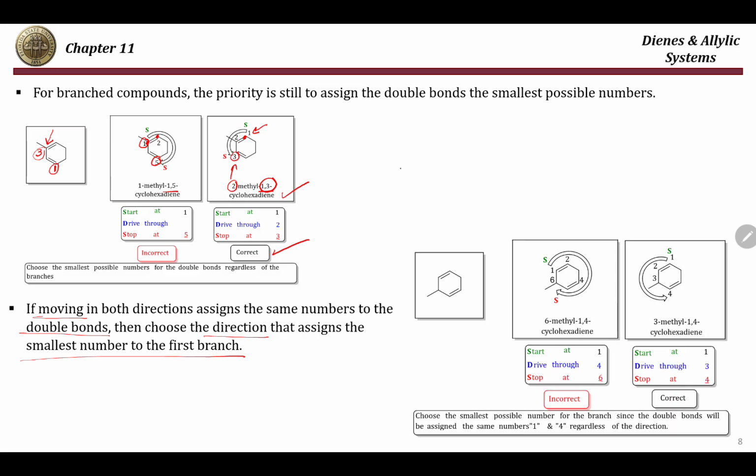So for example, in this case here, if I started from this point here, my double bonds will be at positions 1 and 4, and my methyl will be at 6. If I started from this point here, my double bonds will be also at 1 and 4, but in this case my methyl will be at position 3.